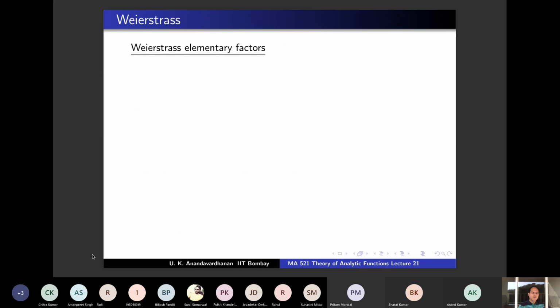So the main point is certain functions that Weierstrass introduced, what are called Weierstrass elementary factors. So how are they defined? For each p equal to 1, 2, 3, etc., you define E_p(z) to be (1 minus z) times the exponential of z plus z squared by 2, etc., up to z power p by p.